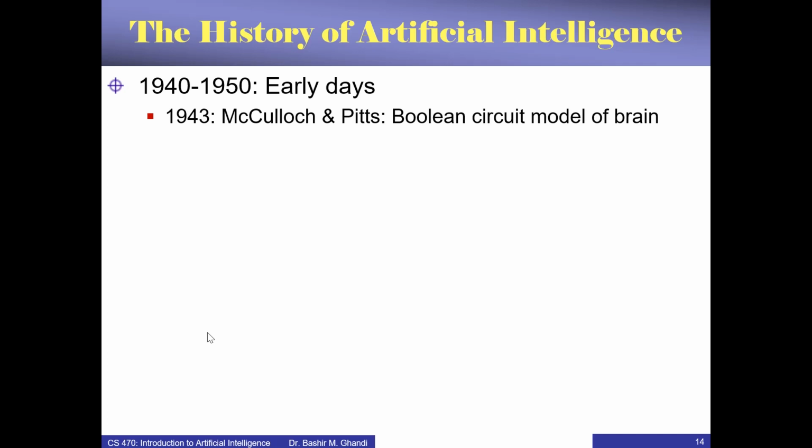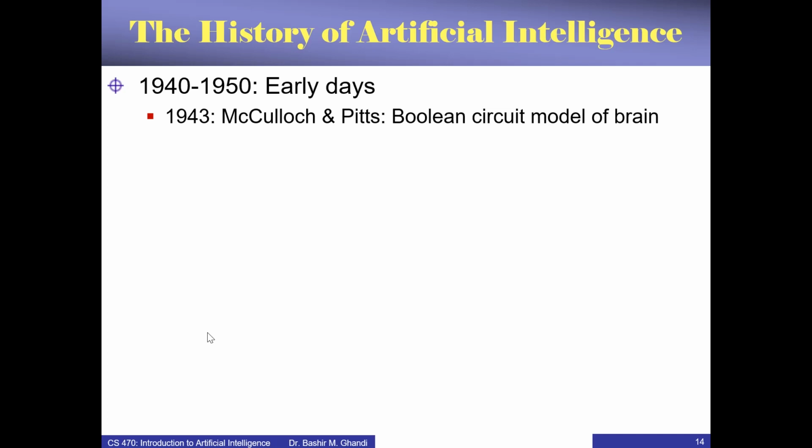Well, first, in 1943, two guys, Warren McCulloch and Walter Pitts, proposed a model of artificial neurons. In fact, they produced the first artificial neural network.